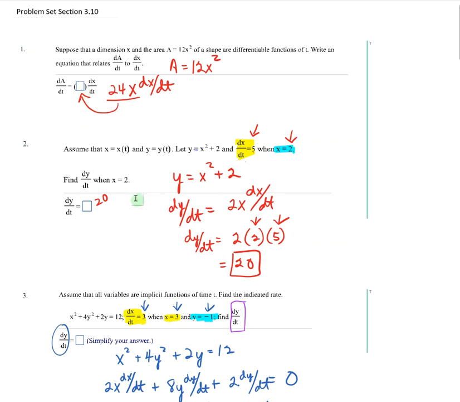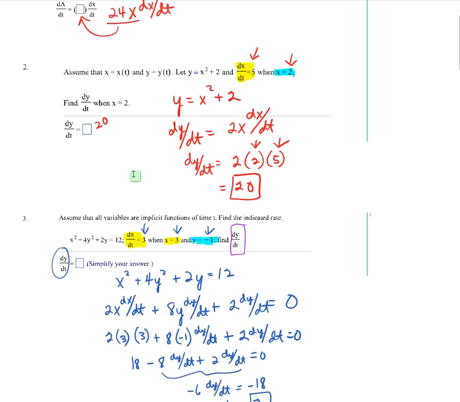All right, number 2. Assume that x equals x of t and y is y of t. Let y equal x squared plus 2. dx/dt is 5 when x is 2. Find dy/dt when x is 2. We start with the equation given, y equals x squared plus 2, and differentiate across the line.